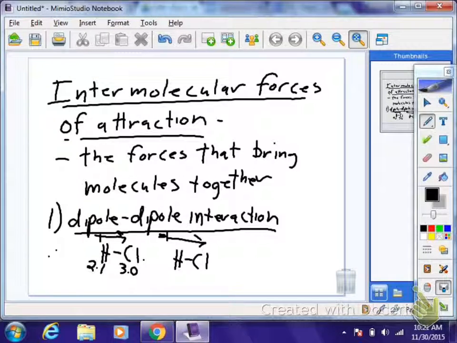On arrows they have the feathers at the end to kind of guide it. And then you've got the head of your arrow. So this side's going to be slightly negative here, and then this side's slightly positive.